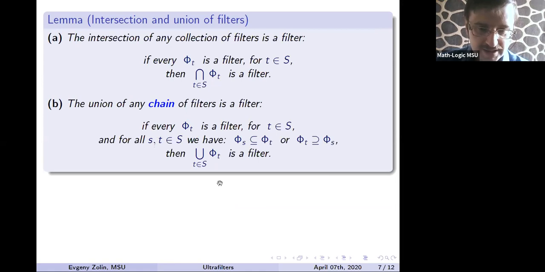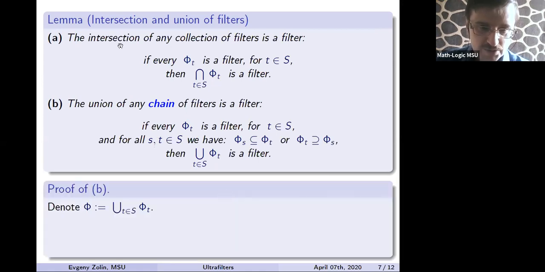So this is again our lemma. The item 1, item A, is very simple, just an easy exercise. The intersection of any filters is a filter. For the item 2, we need to show that the union of a chain of filters is a filter. Let us denote this union as phi.